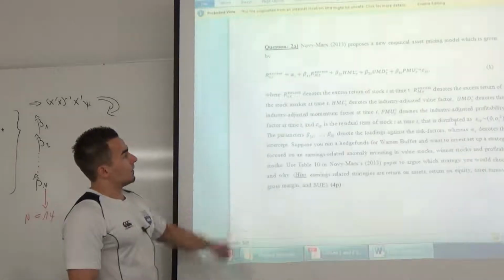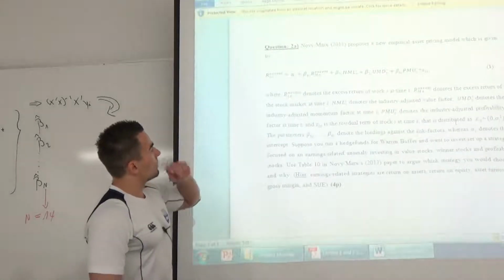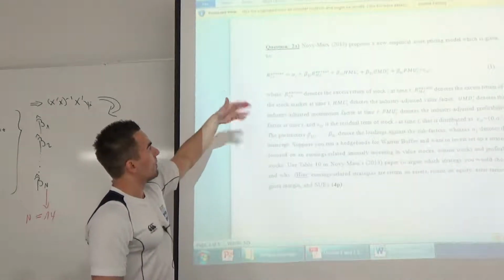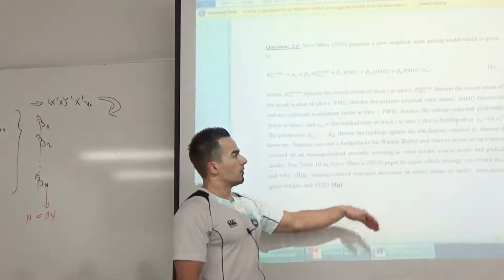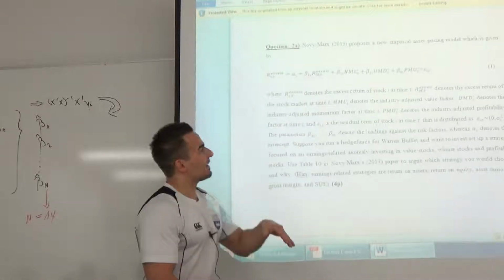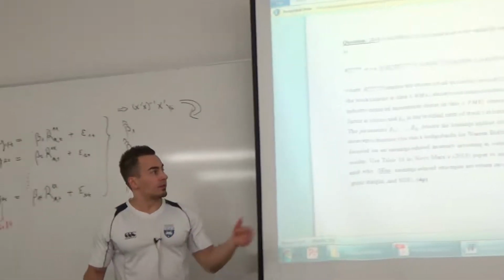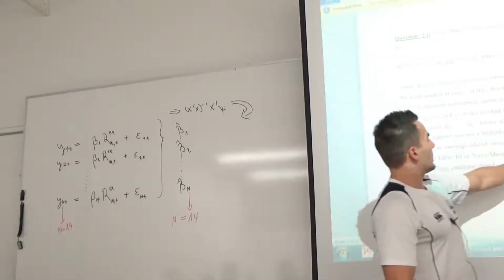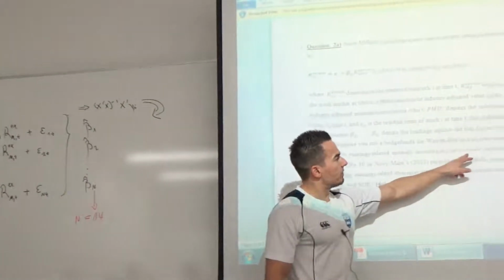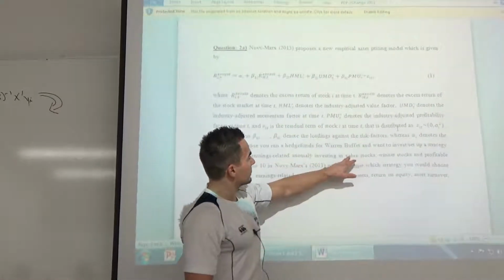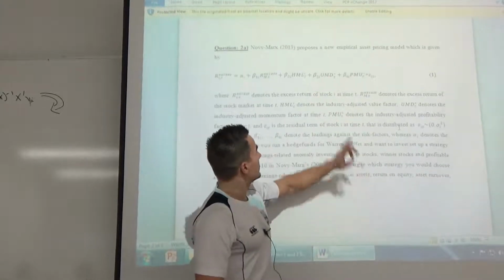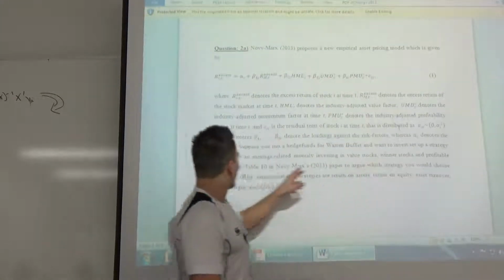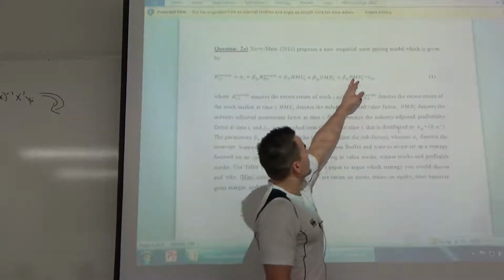Then the second one was about this new asset pricing model, and you were supposed to find out which of these strategies have value stocks, so a positive loading against the HML factor, winner stocks, so a positive loading against the UMD factor, and profitable stocks, so also a positive loading against this factor.